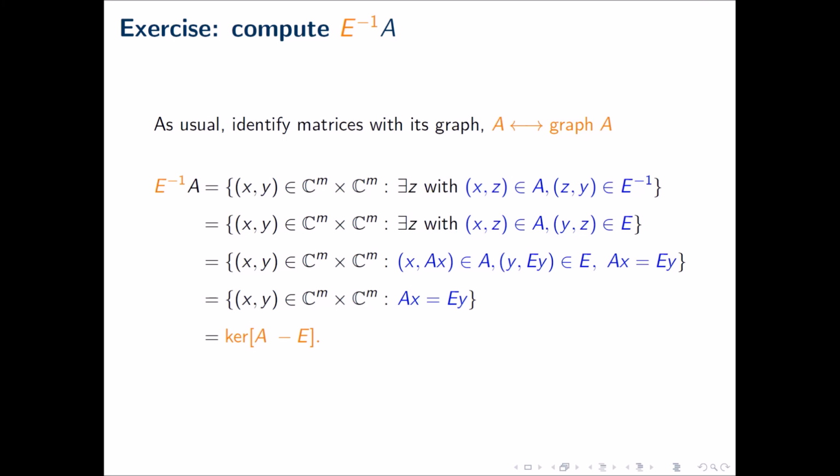But from this line to this line, we have one more property. Second entries are the same, which gives this. This information is useless, right? Because if I start with x, then Ax is in the graph of A, so nothing new. So we can drop this information, and this is the kernel of this.